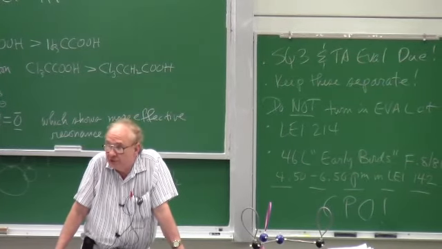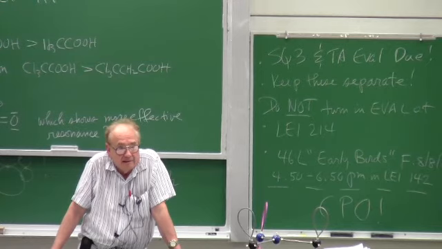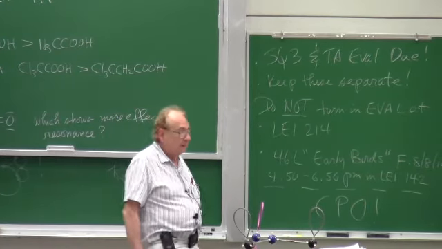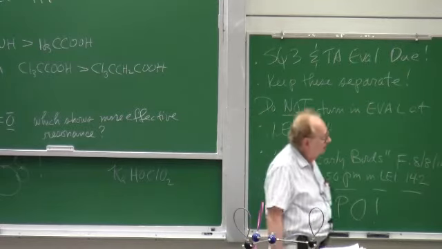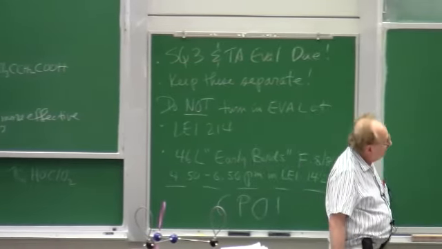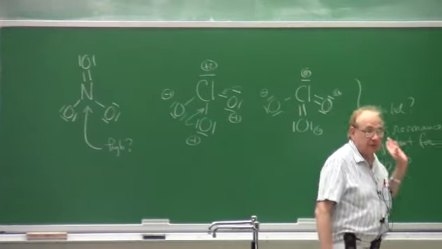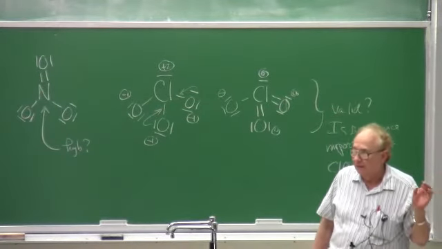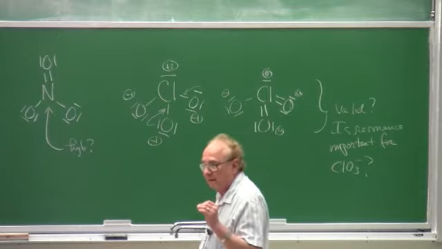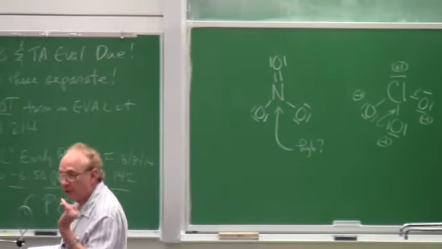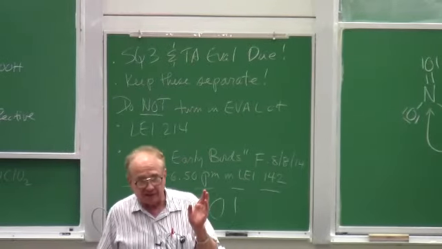Are they atoms of appreciable electronegativity? Yeah, sure. And if resonance is a significant property for chlorate ion, I'm spreading this negative charge over a larger surface because the chlorine atom is bigger than the nitrogen atom, right?